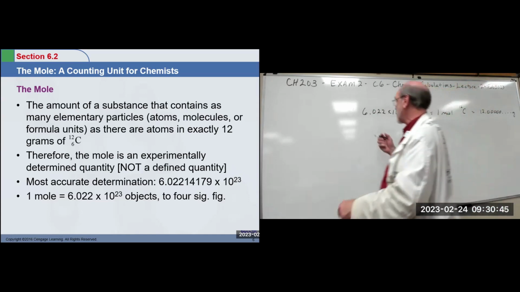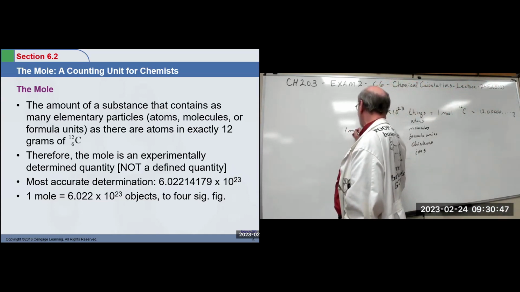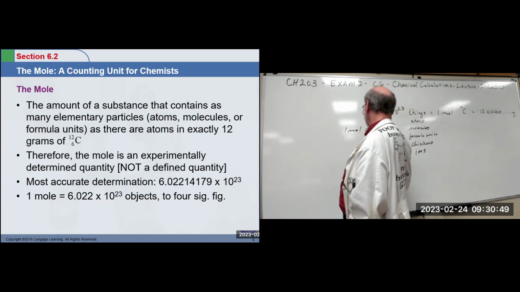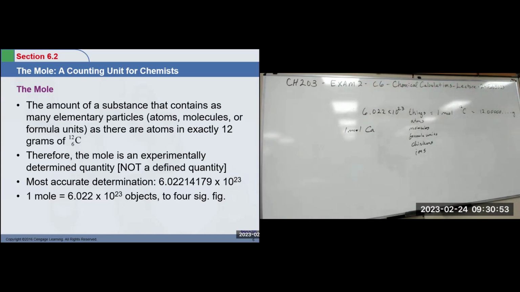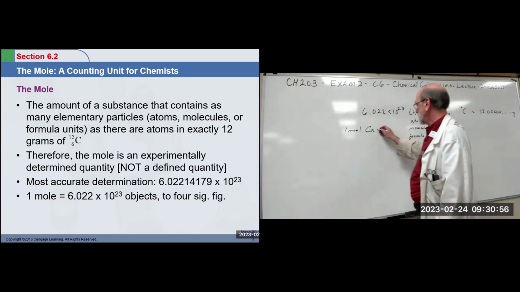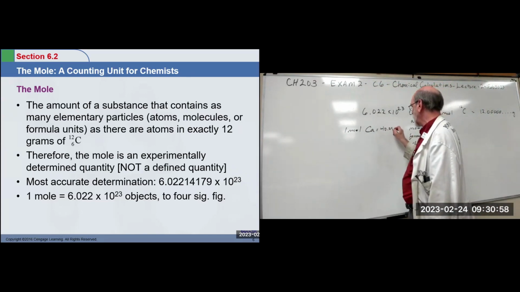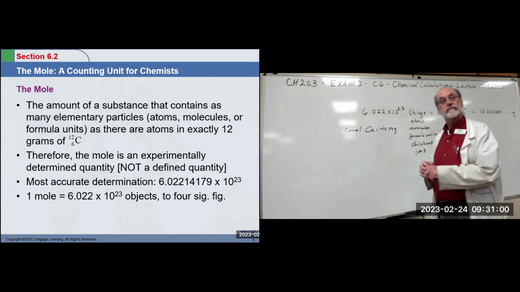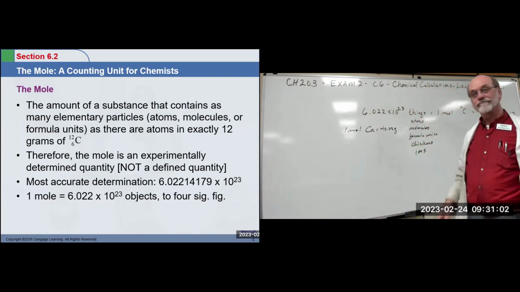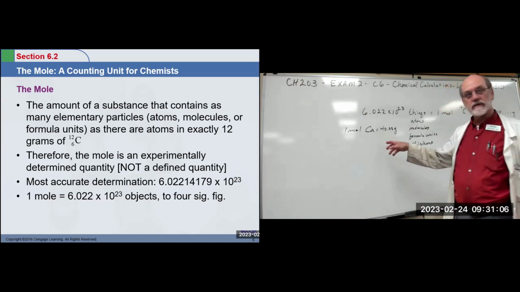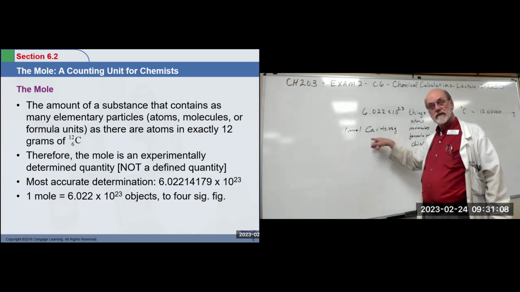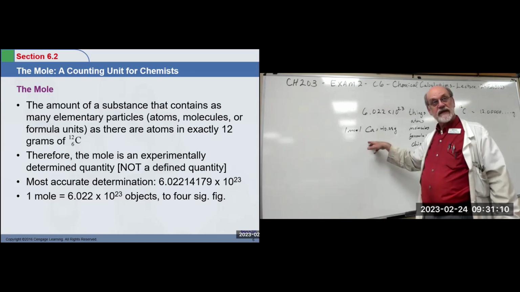Okay, so if we have 1 mole of calcium atoms, then that will weigh 40.08 grams. Okay. And notice from earlier chapters, if you have an equivalence here, what does that mean?